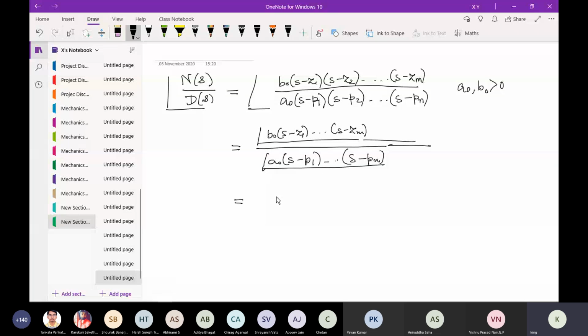So it would no longer be a division, it would be a subtraction. Right now I'm writing it like this, but this is what you are going to land up with.